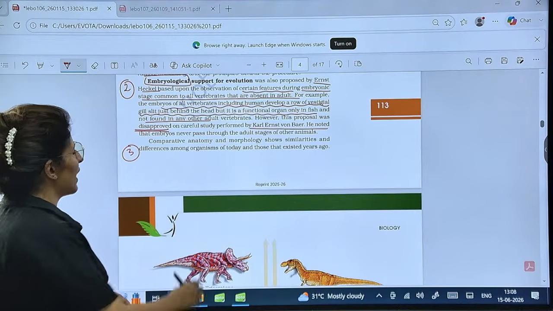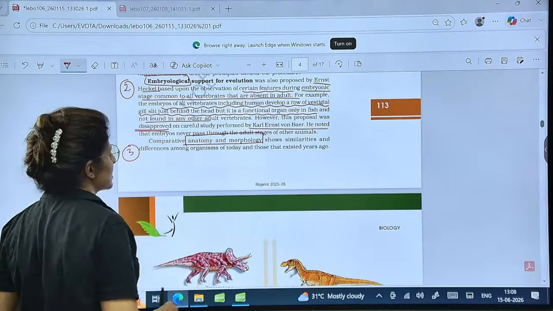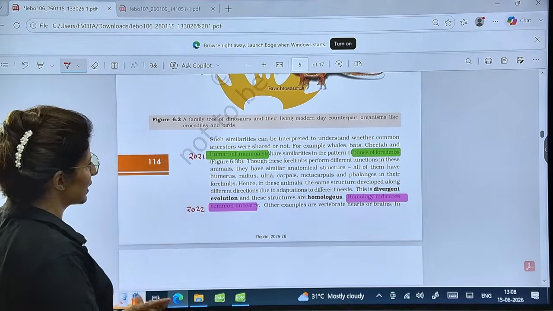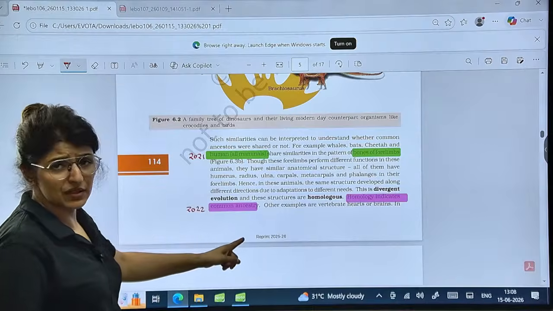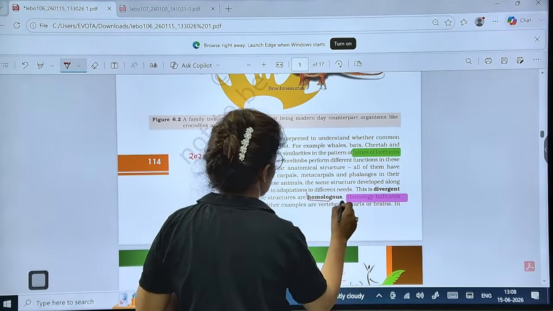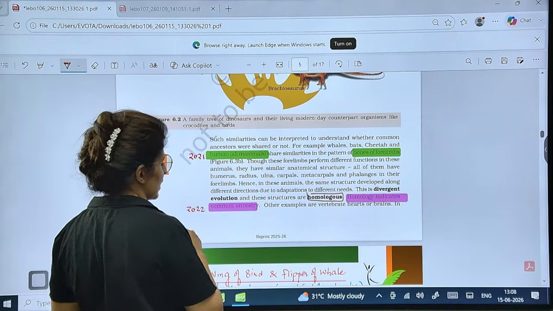Third, we have anatomical and morphological evidences. In anatomical and morphological evidences, guys, these examples are very, very important for homologous organs. So what are homologous organs here? Homologous organs are the ones which indicate common ancestry, right?